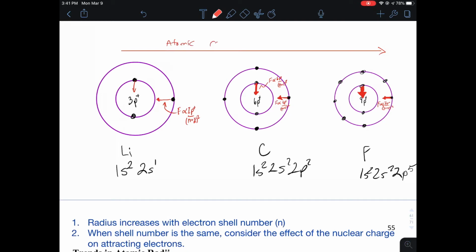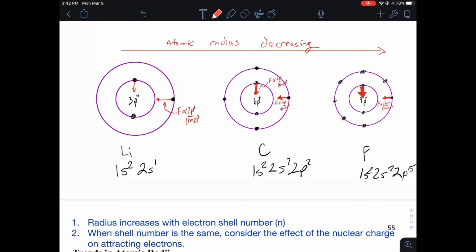Atomic radius decreasing. Now, of course, the atomic radius will increase if we add shells. That always will work to add shells, and it will increase in size.